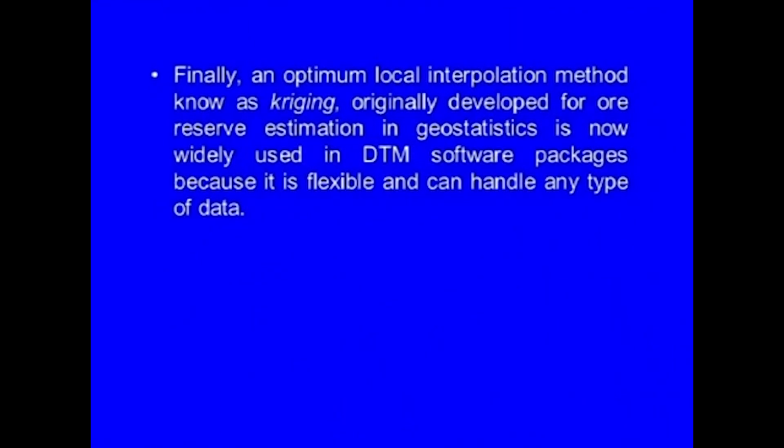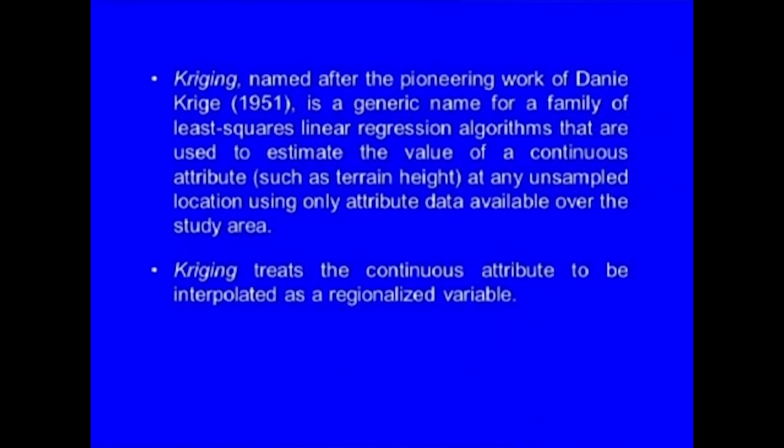Finally, an optimal local interpolation method known as kriging, originally developed for ore reserve estimation in geostatistics, is now widely used in DTM software packages because it is flexible and can handle any type of data. So, let us look at kriging.